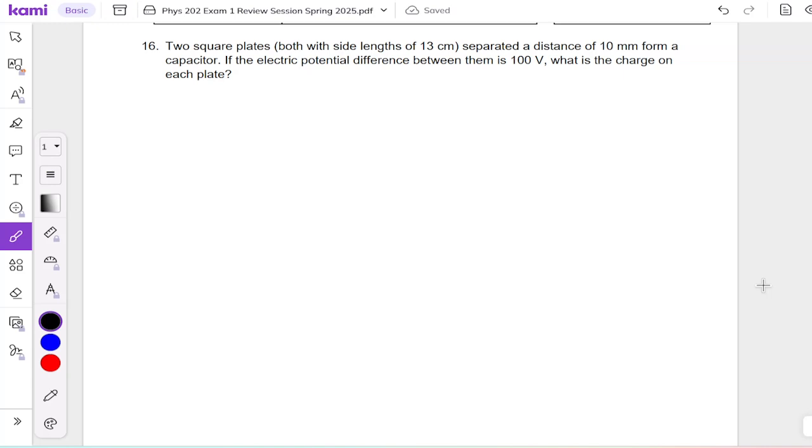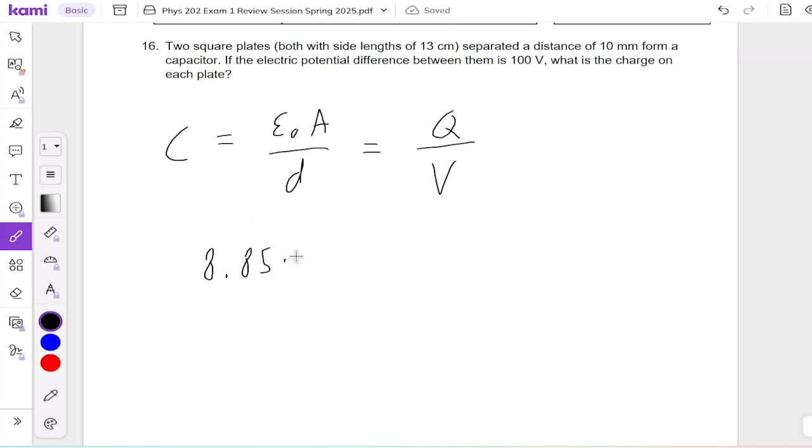This is actually easier, because all you need to do is set the two equations equal to each other. Epsilon naught A over D equals Q over V. Epsilon naught is given, 8.85 times 10 to the minus 12th.